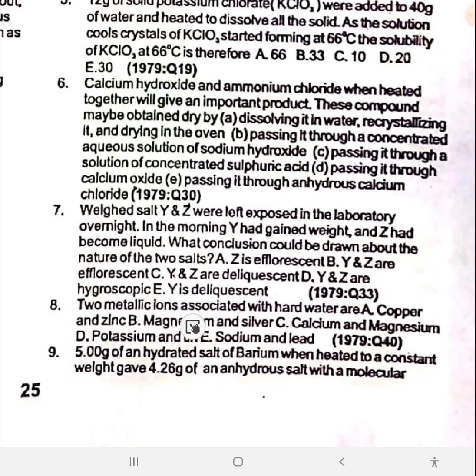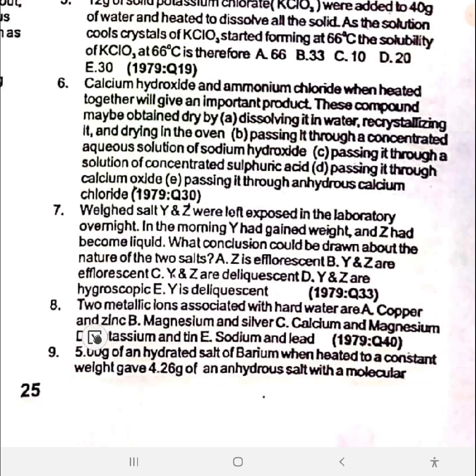Number 8. Two metallic ions associated with hard water are calcium and magnesium. Calcium carbonate, calcium sulfate, and calcium chloride are associated with hard water, while magnesium sulfate and magnesium chloride are also associated with hard water.